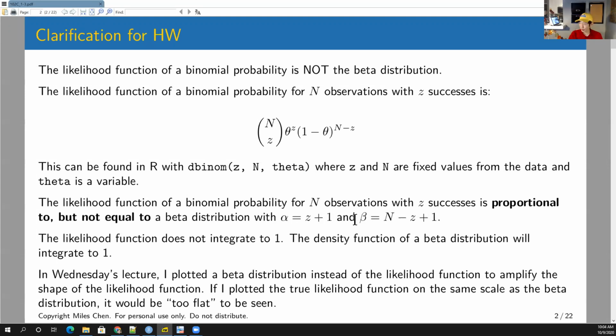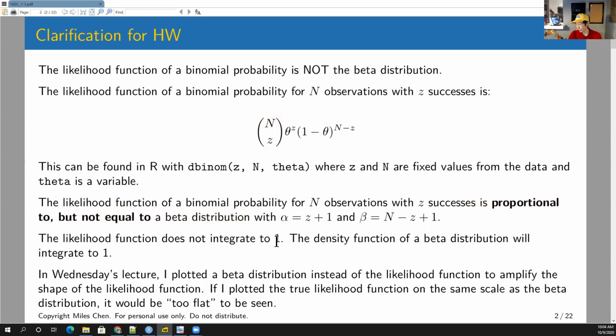It's not exactly that, because the binomial has a constant in the front, whereas the beta has the beta function, with all those gamma functions in the front. That's different, but it is proportional.